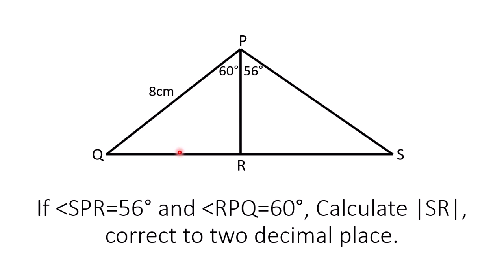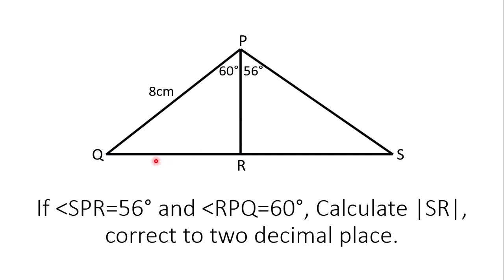So when we choose cos, it is adjacent over the hypotenuse. Now we know the length of the hypotenuse, which is 8 centimeters, and we also know the value of the angle, which is 60 degrees. So getting this side is very simple.